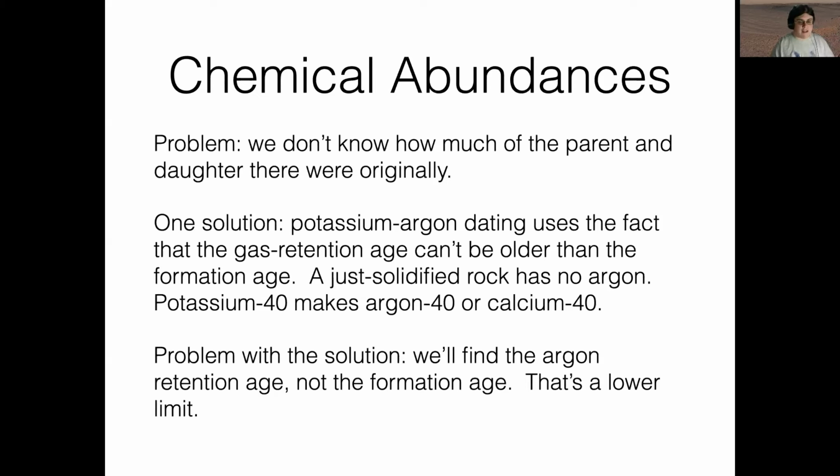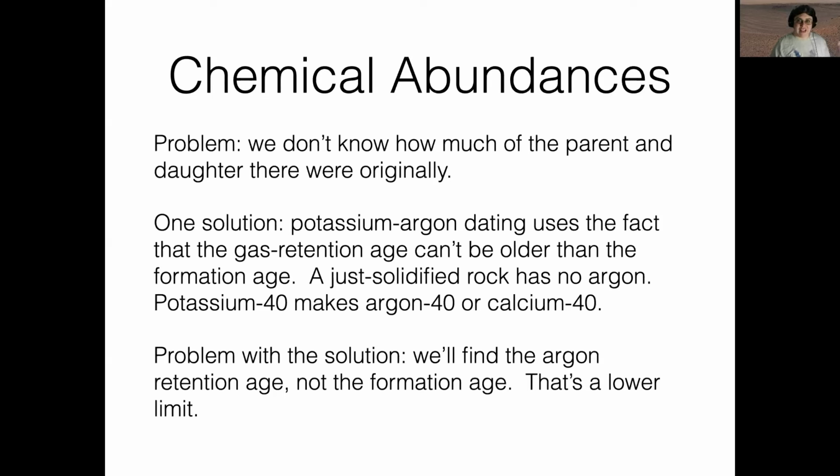Now, that means any argon-40 had to have come from potassium-40. And we can estimate how much, and since we know how likely the potassium decay process is to create argon-40 rather than calcium-40, we'll know how much potassium-40 we started with, and you calculate the age that way. There's just one problem. We have to assume the rock traps all the argon-40, and that's not necessarily true.